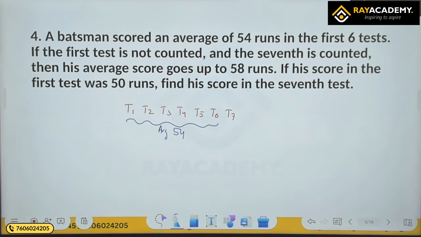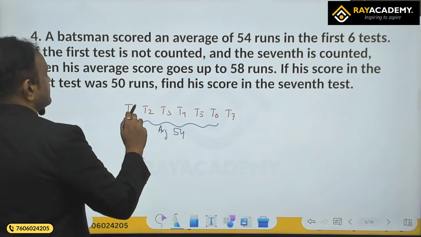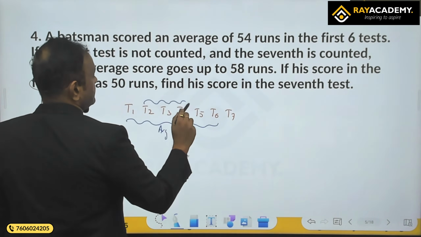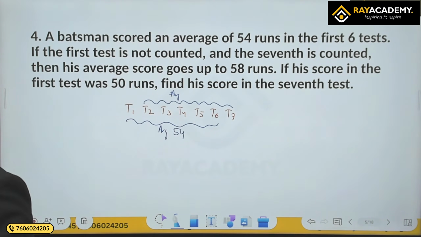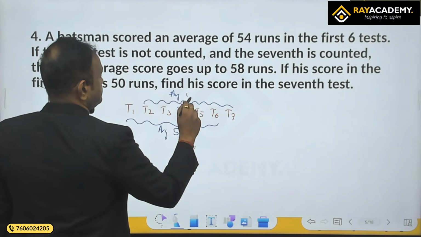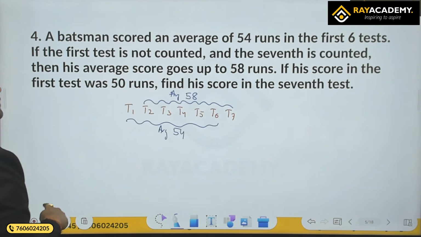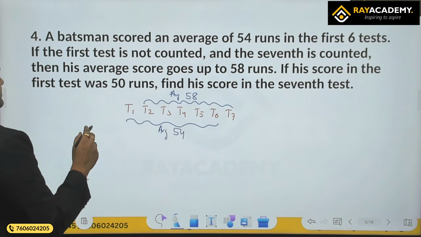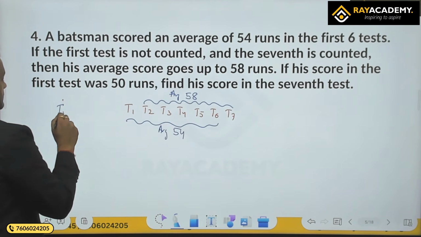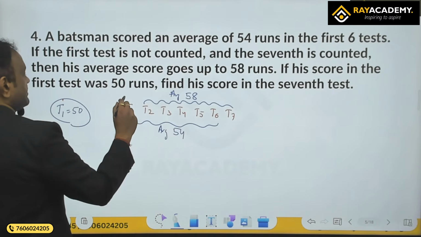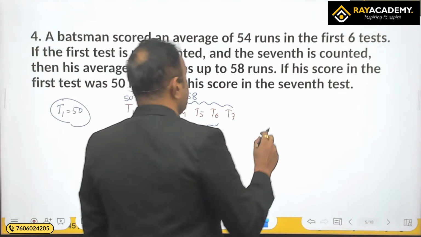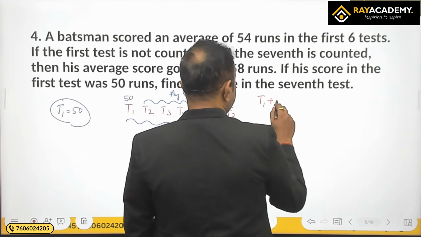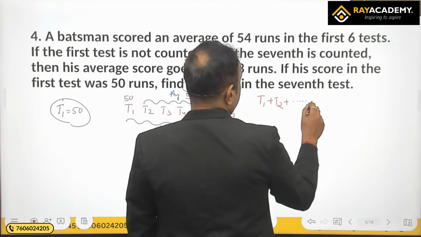If the first test is not counted and the 7th is counted, then leaving the first test, those 6 tests, their average goes up to 58. If the score in the first test was 50 runs, T1 is given as 50. So first we will take the total of the first 6, T1 plus T2 up to T6.